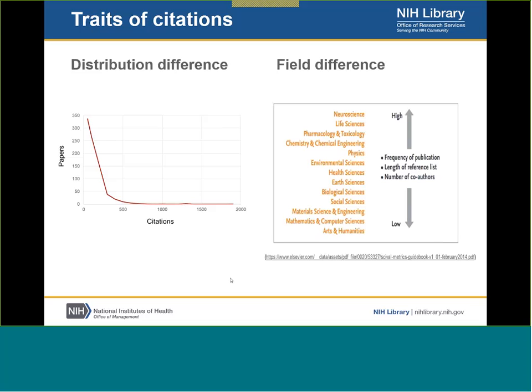Okay, so because of this nature, you don't want to compare their citations or the times of their work being cited. And when we put these two traits together, we'll know that whenever we would like to compare citations, we don't want to look at the raw number. We don't want to look at the average. We don't want to just do the comparison between these fields without doing any normalization, because the raw number can be very different.